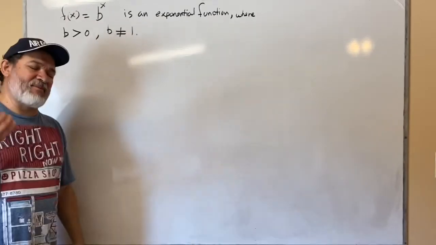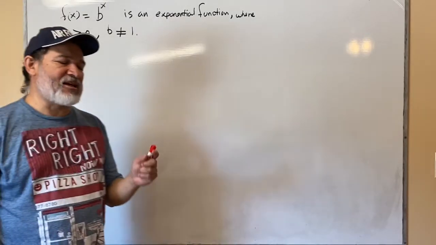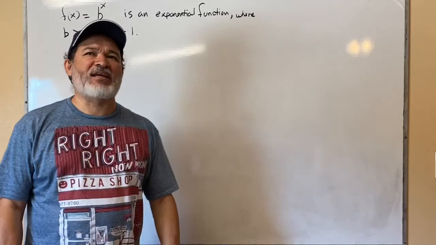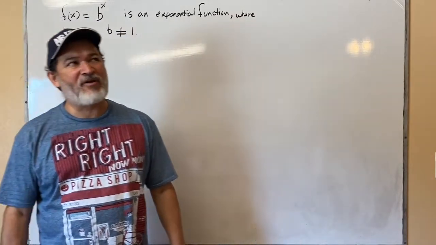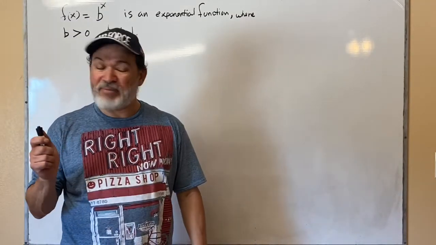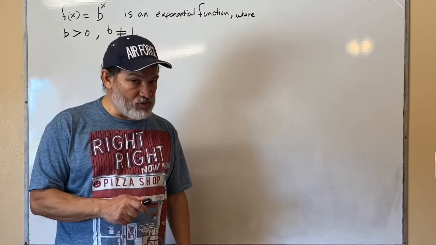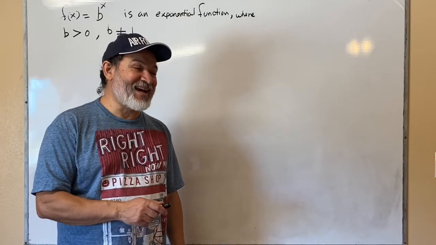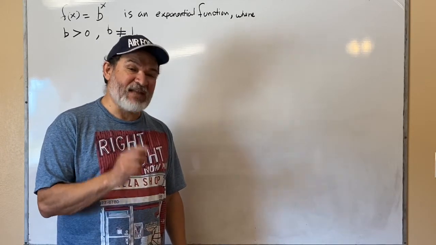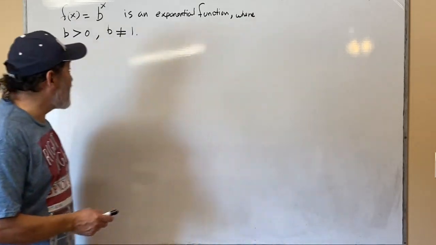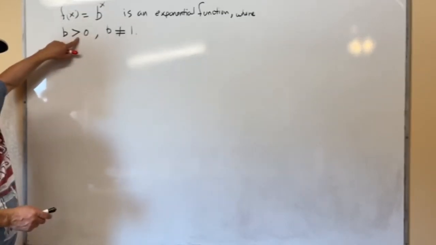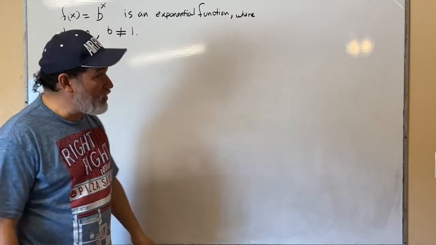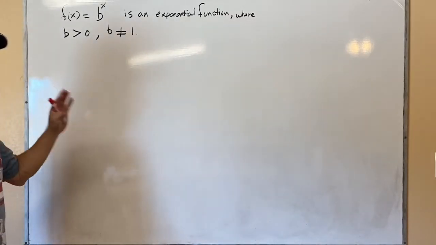The base can be a half, 1/3, 0.3, 0.5. The base cannot be -2. The base cannot be -0.9 because the base must be positive. And the base cannot be 1. And that's an exponential function.